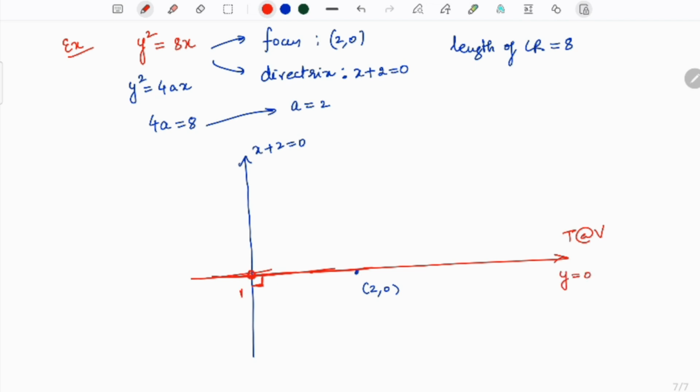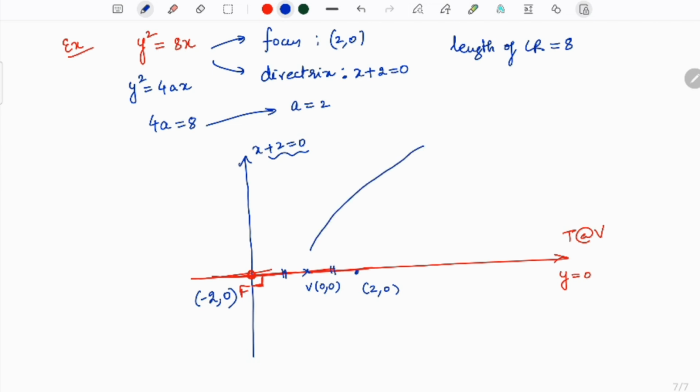So this is the foot of the directrix. Tell me what would be the coordinates of the foot of the directrix? X value minus 2, right? Minus 2 lies on the directrix and lies on the axis, that is, y coordinate is 0. Its midpoint with the focus is the vertex. Vertex coordinate would be (0, 0).